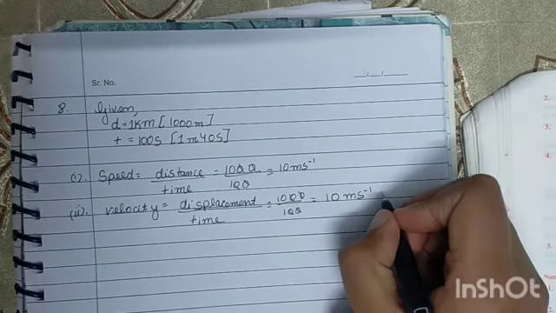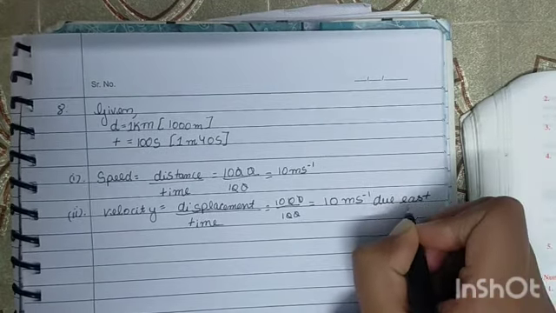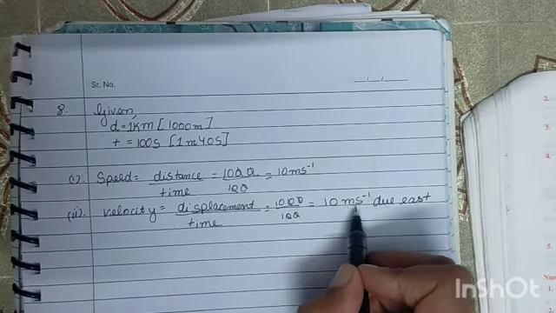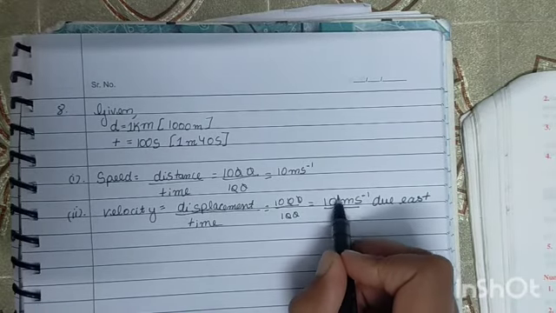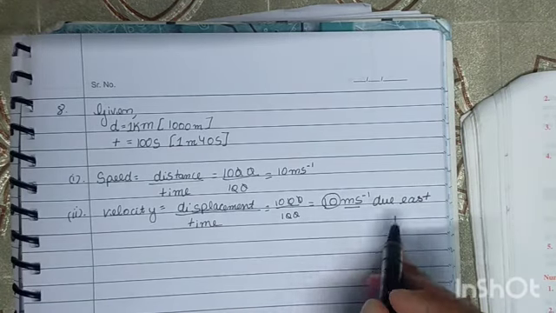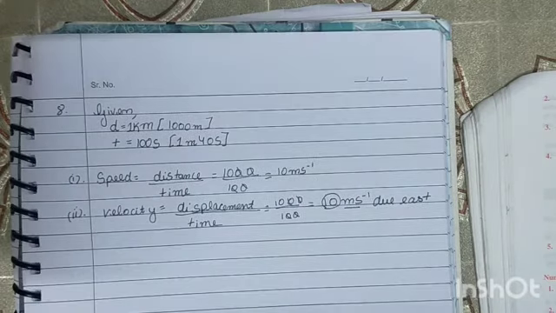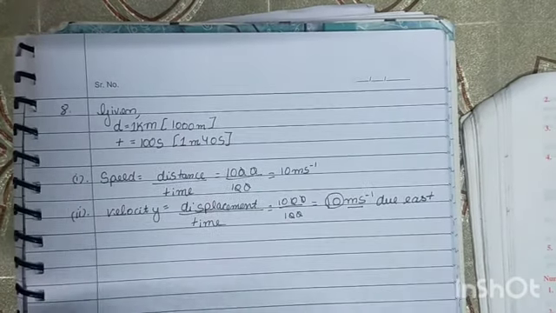So over here we will write due east. This is the direction, and this is the numerical value, the magnitude. Now you have easily expressed the vector quantity, which is velocity.